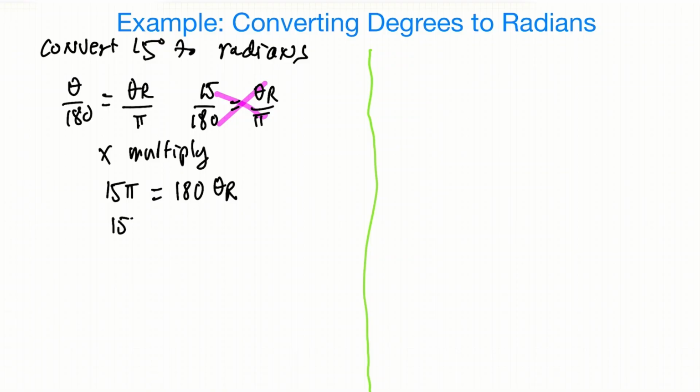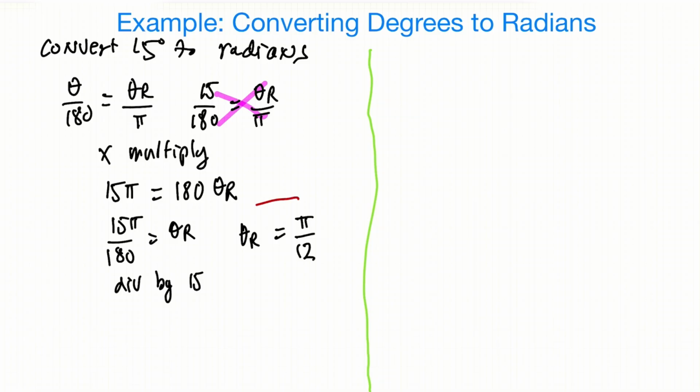So we get 15 pi divided by 180 is equal to theta r. Now, the greatest common divisor of those two would be 15, because 180 is divisible by 15. Both are divisible by 15, so theta r is equal to pi over 12.